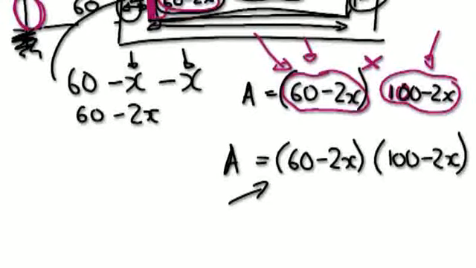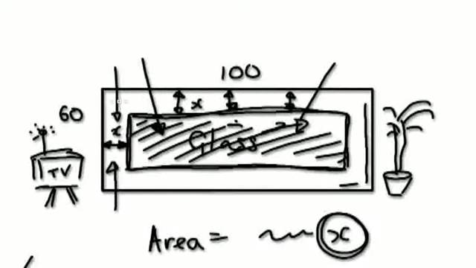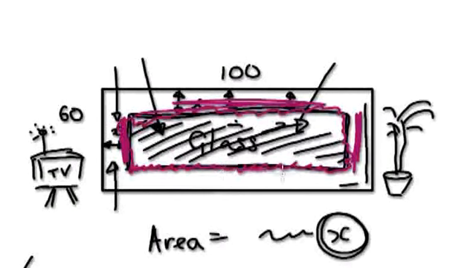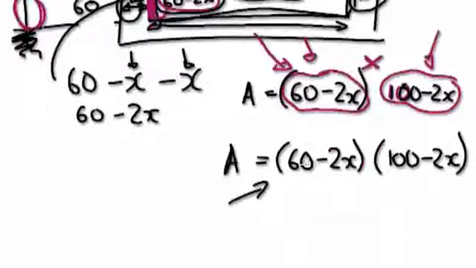Okay, and let's say if this is our window here, and you want to decorate the edges with some pretty wooden frame, you basically need to know the perimeter around here. Well, for the perimeter, just get this length here, add it to this length, and then add it to this length, and then add it to this length. So, hang on, let's draw our thing again. This is our wall here.